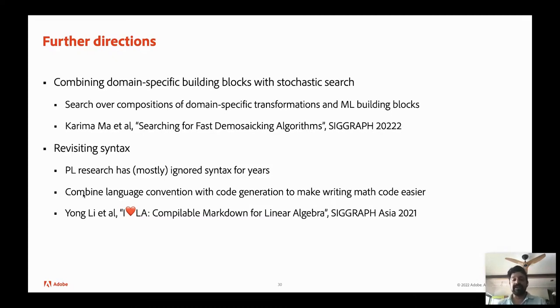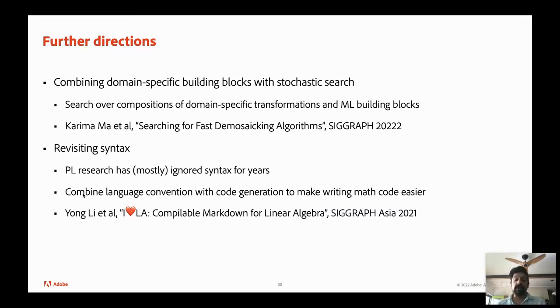Anyone who has tried to draft math, for example, I hope would also argue that math syntax is important, and what we've been exploring with this project, iHeart LA, is how can we actually make it easy to communicate math, and to communicate math in a way where it's also executable.